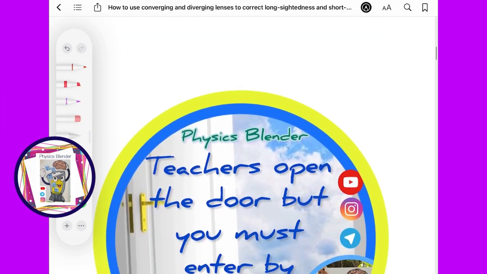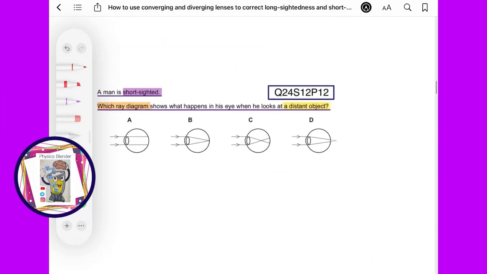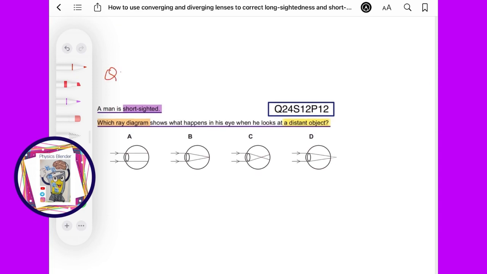Okay, let's start with question number one, for extended candidates only. A man is short-sighted.